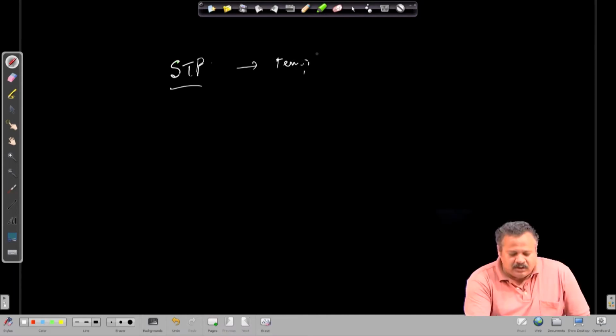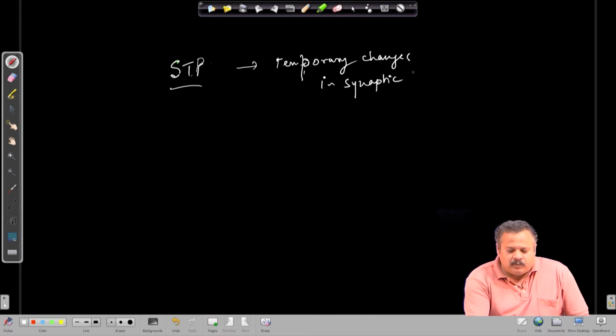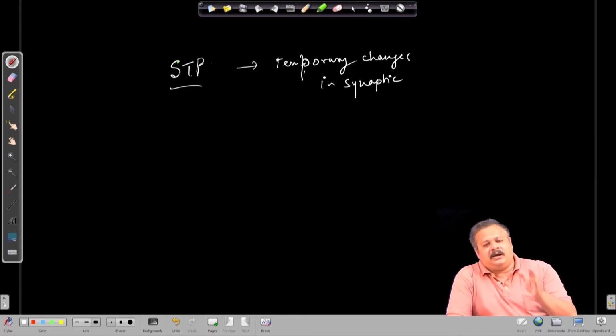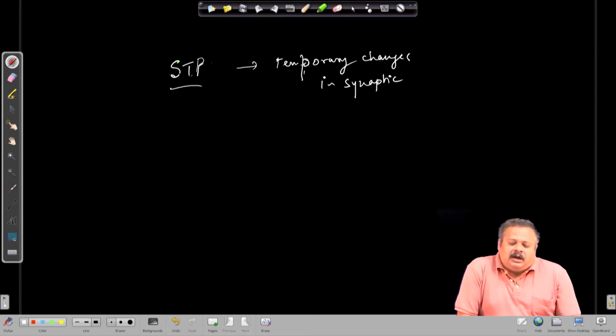Just a small recap: if we have a presynaptic neuron, we make it fire an action potential, and we measure the postsynaptic neuron's response to that action potential, and we do this repeatedly a few times.